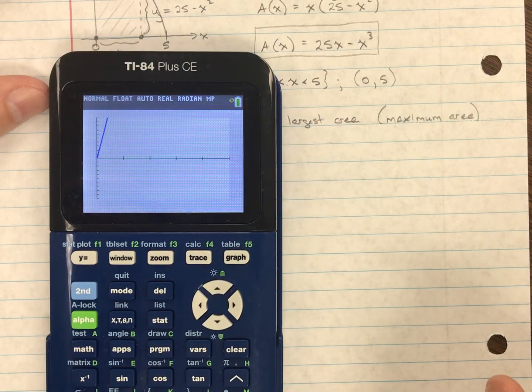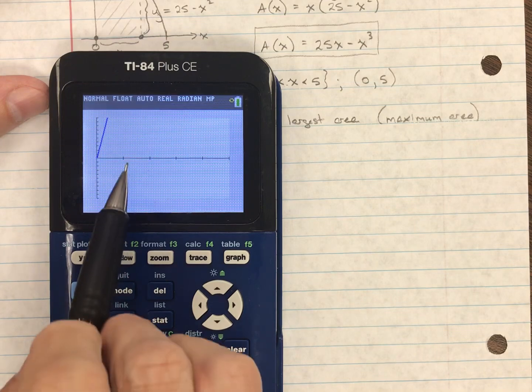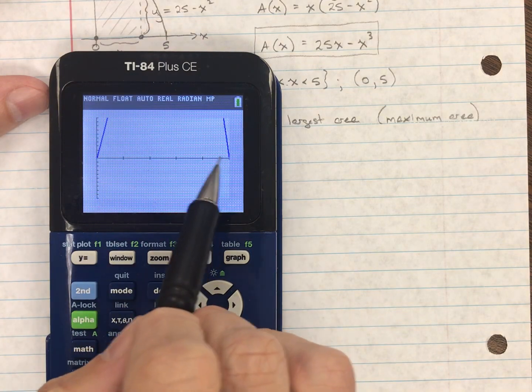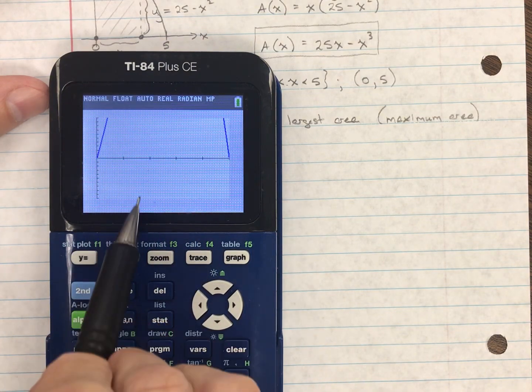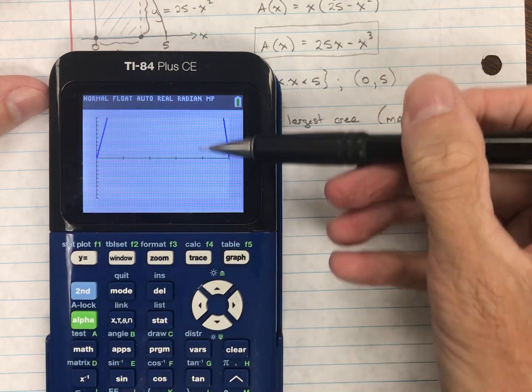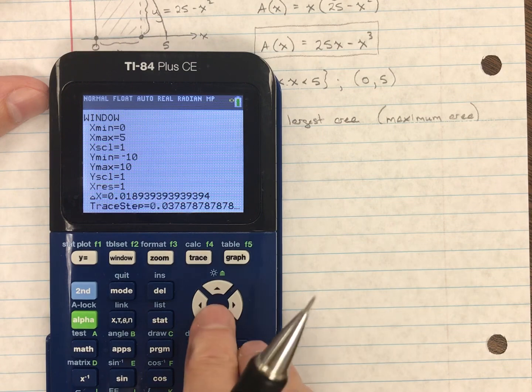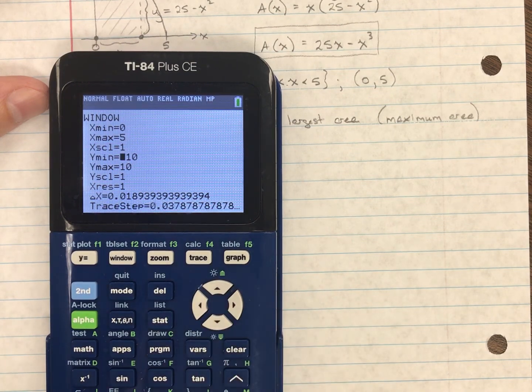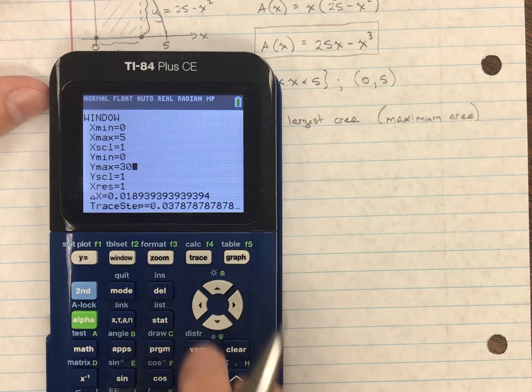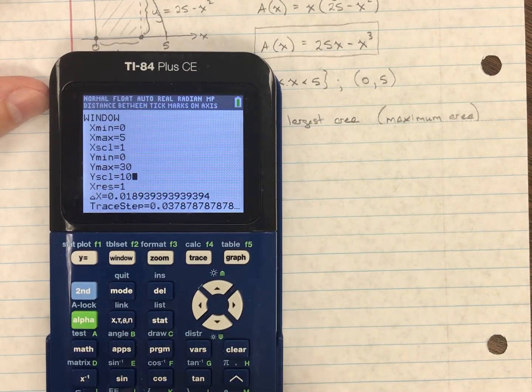Okay, that's between 0 and 5, but obviously I don't need anything below the x-axis. I need nothing in the negative y territory, and I need to go much higher in the positive y territory. So back to window, my y can start at 0, and I'm going to take a stab at 30 and count by tens.